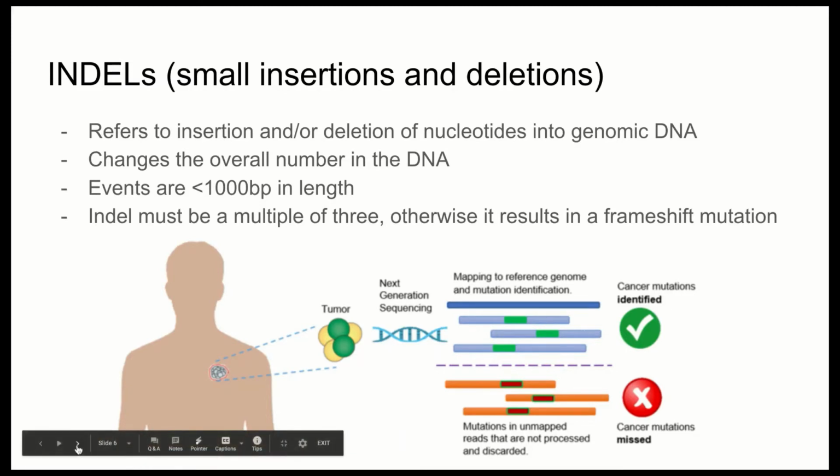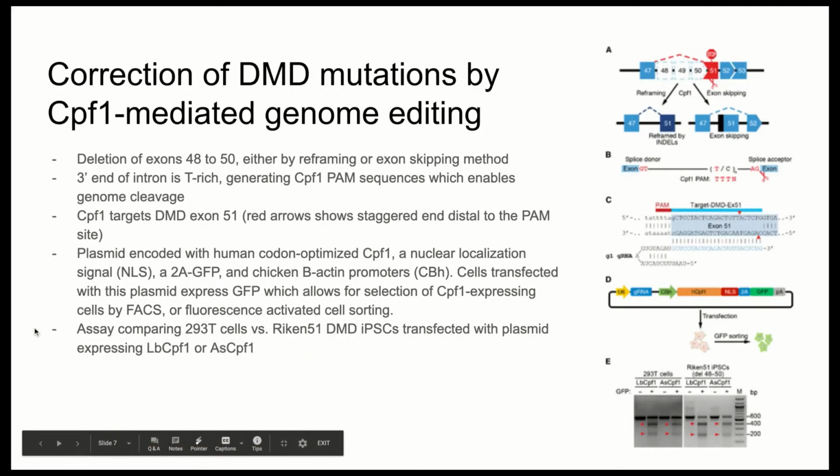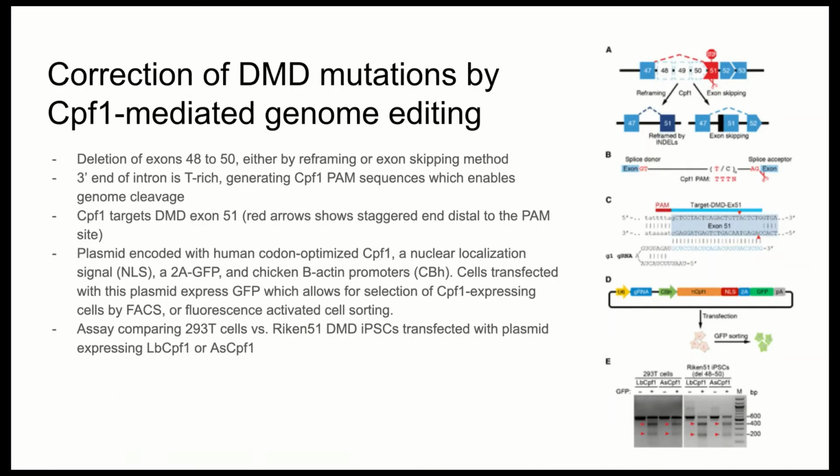So next we have the first figure of the experiment, and this shows the correction of DMD mutations by CPF1 mediated genome editing. So in part A, you'll see the 2 methods for the deletion of exons 48 to 50, either by reframing using indels or the exon skipping method as discussed.